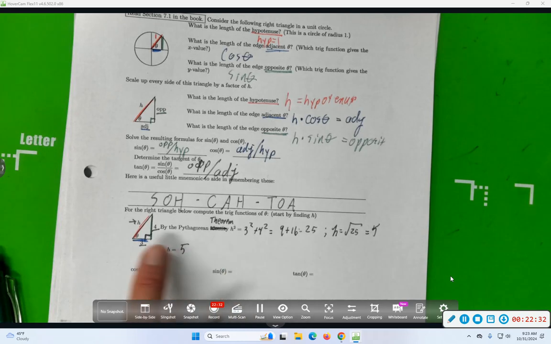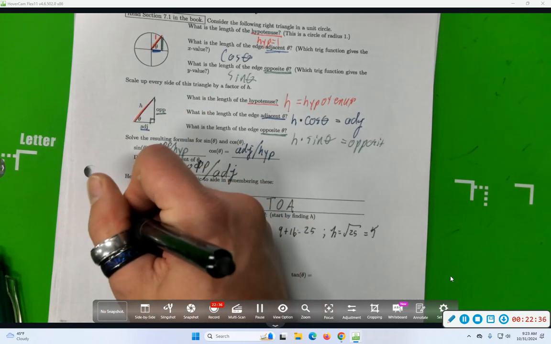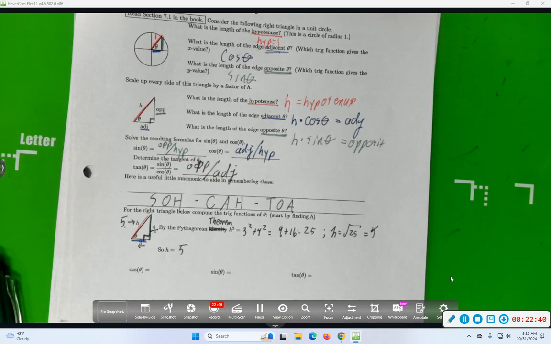A Pythagorean triple is a triple of integers so that the square of this plus the square of that is the square of that. It turns out there are infinitely many, and we'll see a few of them, and even ways of constructing infinitely many of them as we go through this class. Cool, we feeling good?